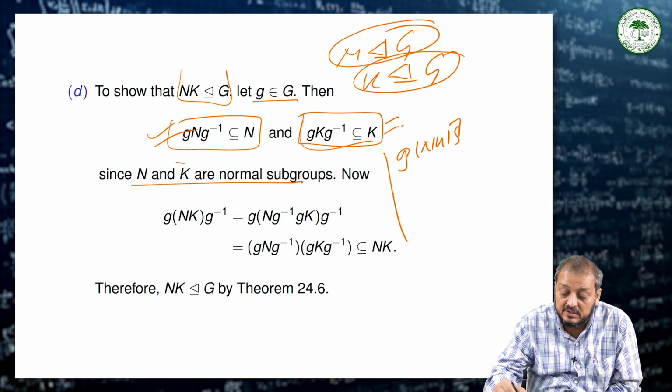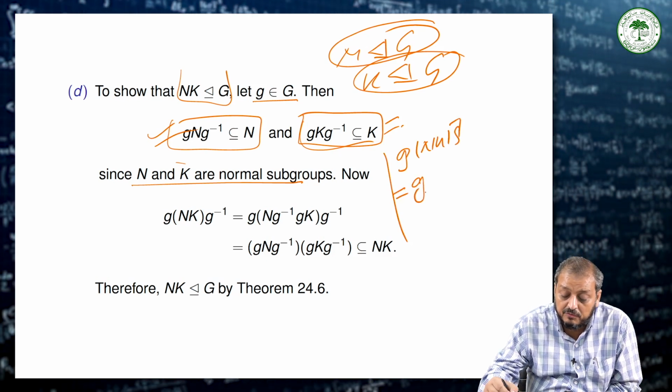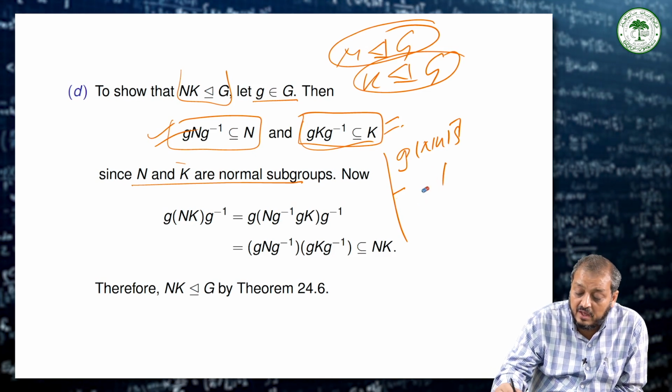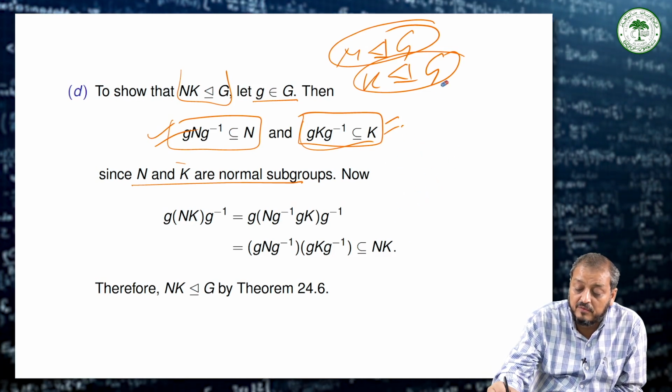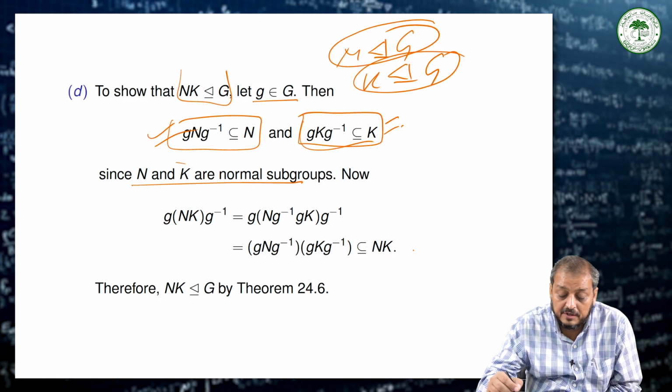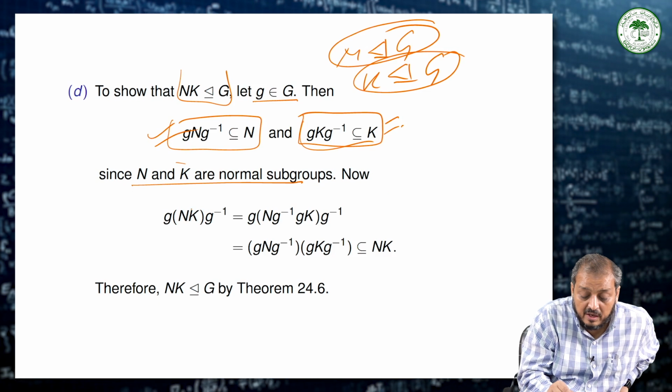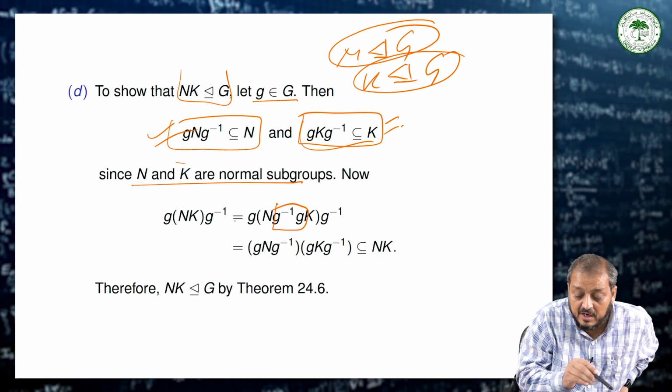Now we have to take g of nk g inverse, and this can be written as g of n, and we write nk in this form. We put nk and then insert the identity element.